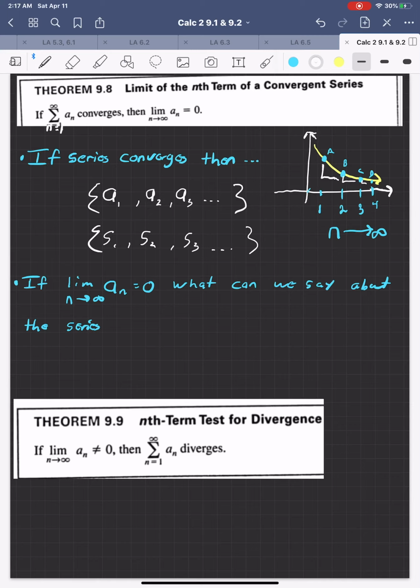But the idea is that the amount that you're adding, as you get to a sub 1 plus a sub 2 to get to here, then a sub 1 plus a sub 2 plus a sub 3 to get to here, that amount that you're adding every time should itself be decreasing.